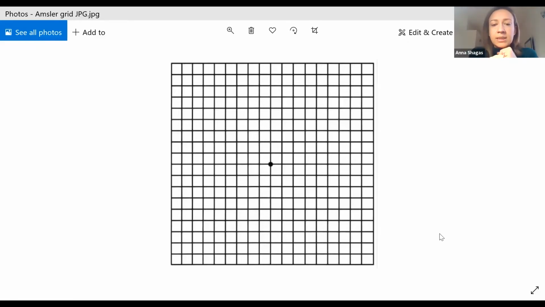I have them look right in the center of the grid and describe what they see in terms of the lines going up and down and side to side. Are there any distortions in those lines? If so, where are they?